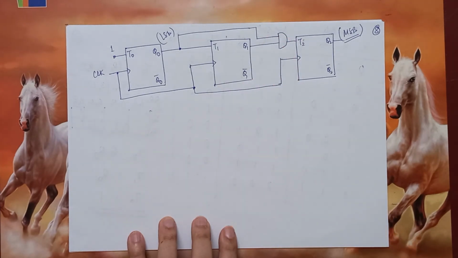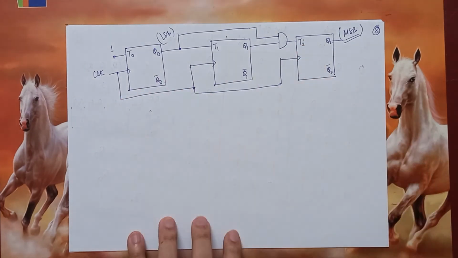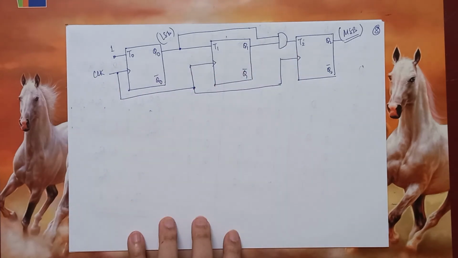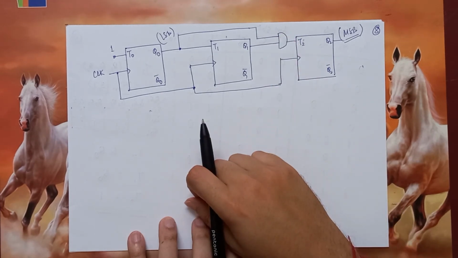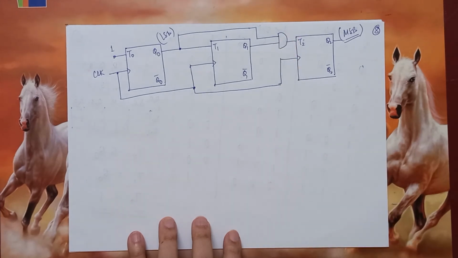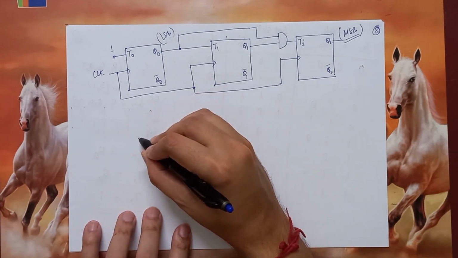The only drawback of the synchronous counter is that, while it gives you better speed because the same clock is going to all the flip-flops, it needs additional logic circuits. In the previous ripple counter, this AND gate was not there. Therefore, synchronous counters are a little more demanding in terms of hardware.